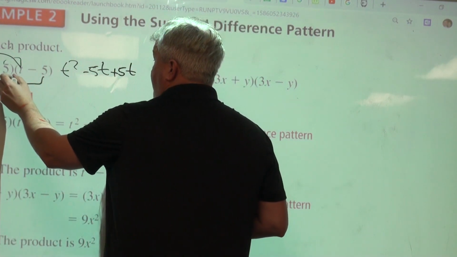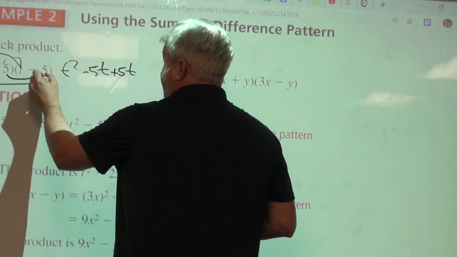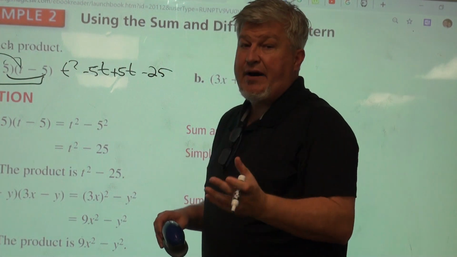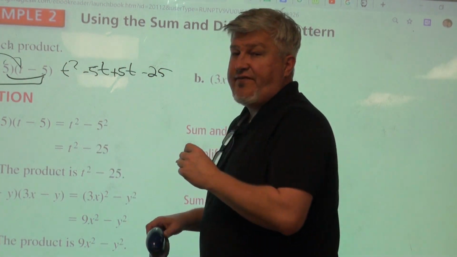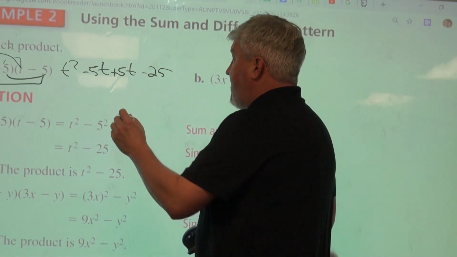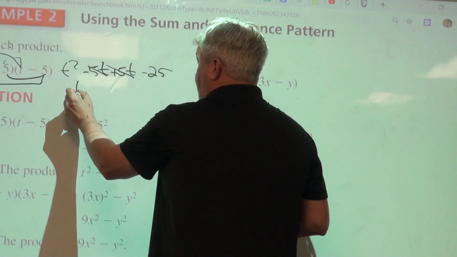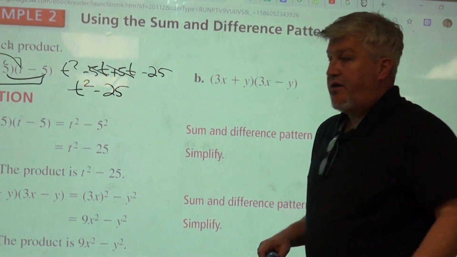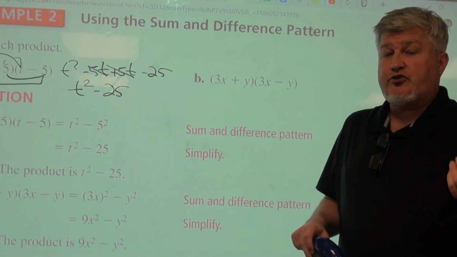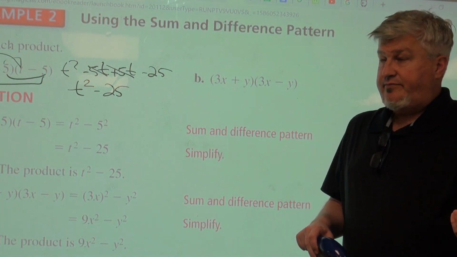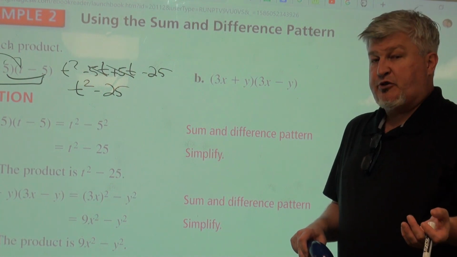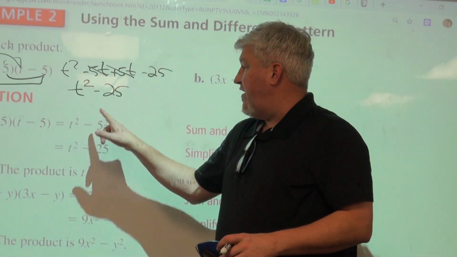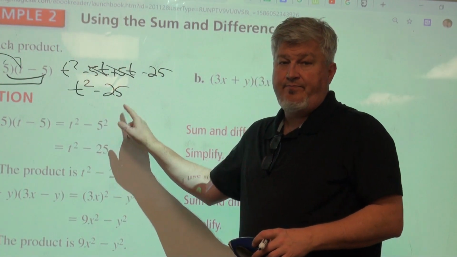And then last is plus 5 times negative 5, which is minus 25. And then we just combine like terms. A negative 5t plus 5t cancels each other out. You're left with t squared minus 25. Square the first terms multiplied together, and then the last terms multiplied together. So t times t is t squared, plus 5 times negative 5 is minus 25.